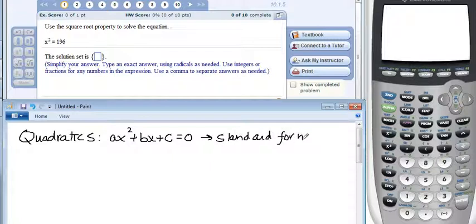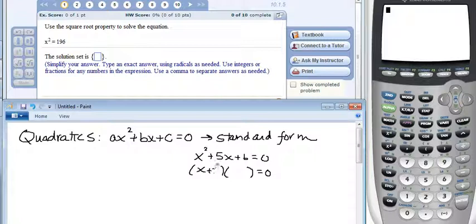Now before, what we were doing with those things is we were factoring and doing all kinds of stuff with them, and solving for x. And we're going to continue to do that, but not everything can be solved through factoring. If we have x squared plus 5x plus 6 equals 0, well, that's pretty easily factored, right?